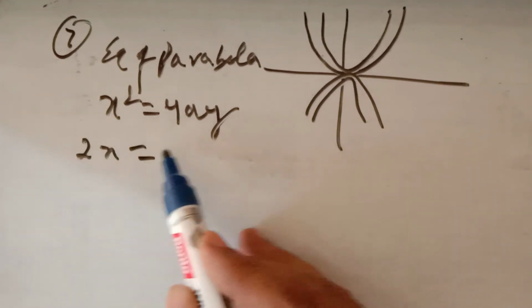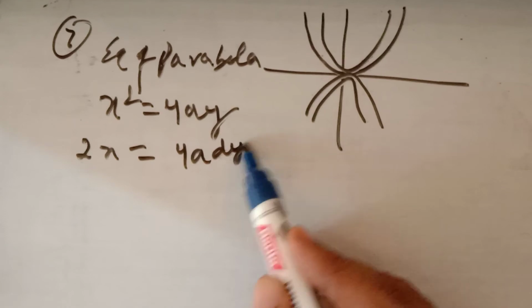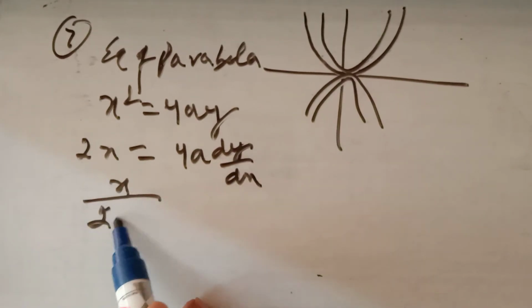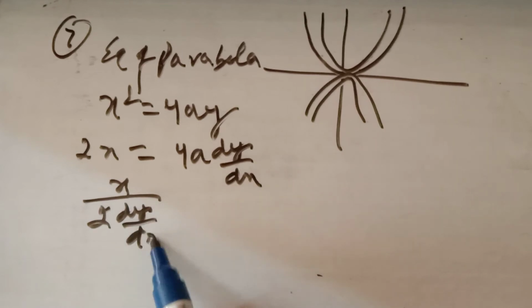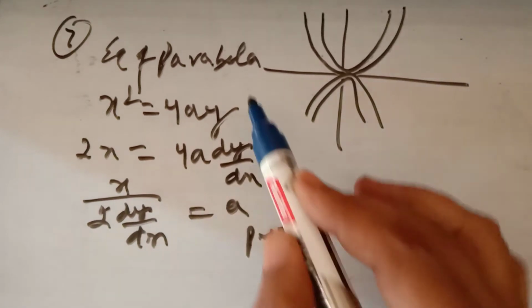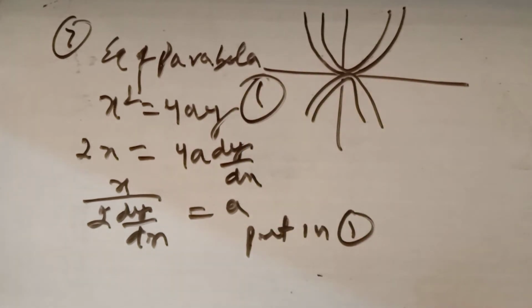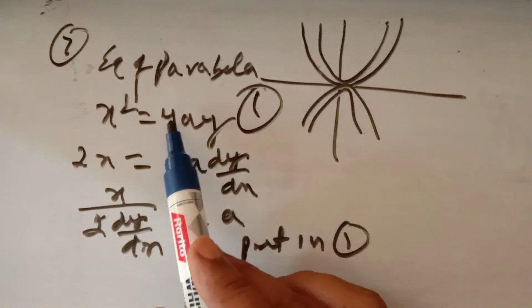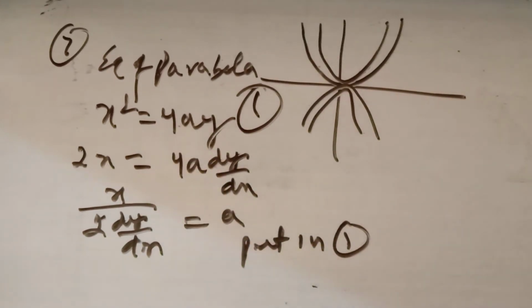So 2x is equal to 4a dy/dx. You can easily find the value of a as x upon 2 dy/dx, put it in equation number 1, and a will be eliminated, and you will get the differential equation for this family of parabolas. You can have minus a here as well.